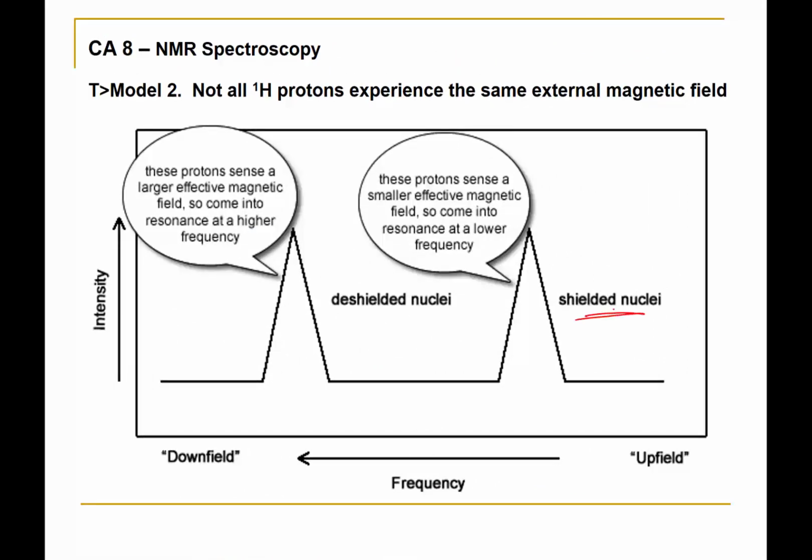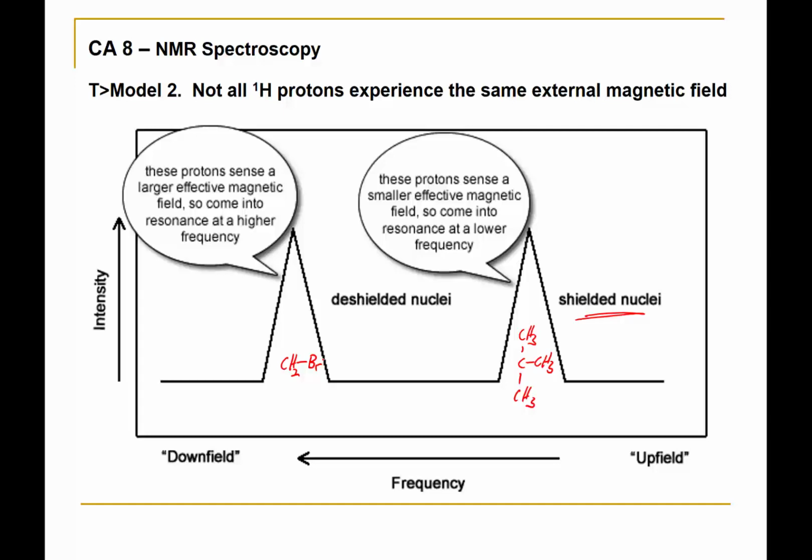Of course, our shielded nuclei would correspond, in terms of the structure that we just looked at, to the CH3, the CH3, and the CH3. Whereas our deshielded nuclei would be the CH2 next to the bromine. So this again is what we mean by shielded versus deshielded.